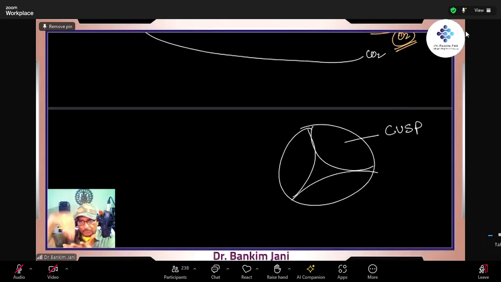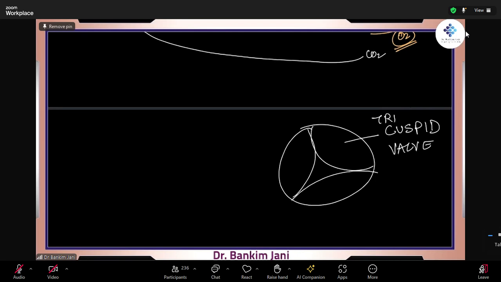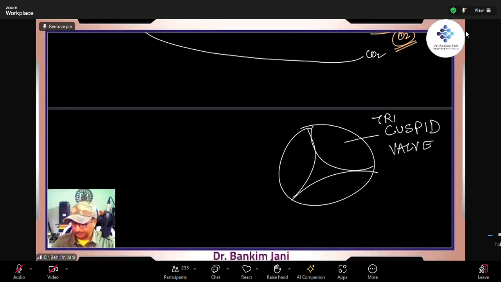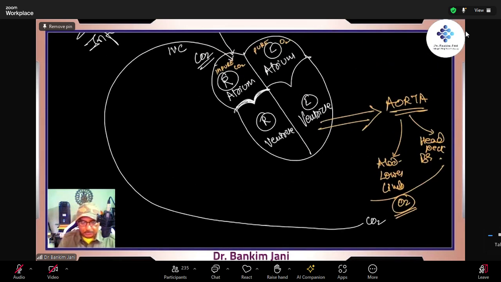The blood will not be allowed to go back. That's why it is called the tricuspid valve, a valve with three cusps.